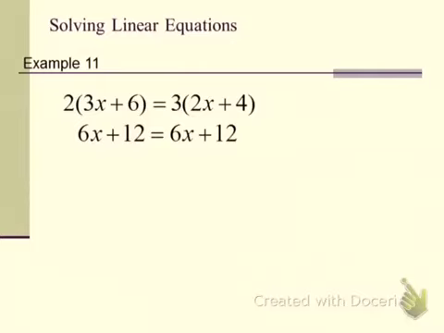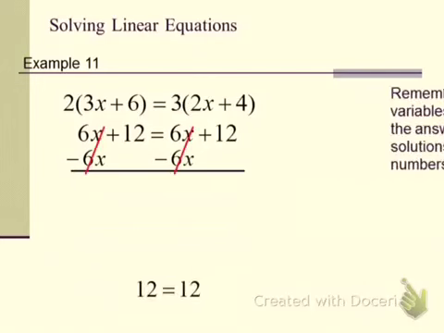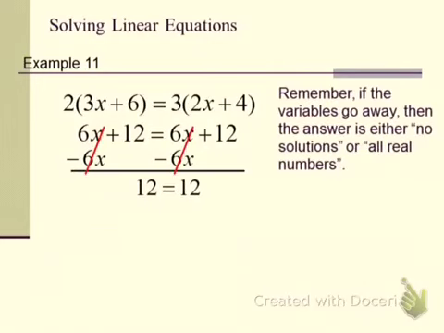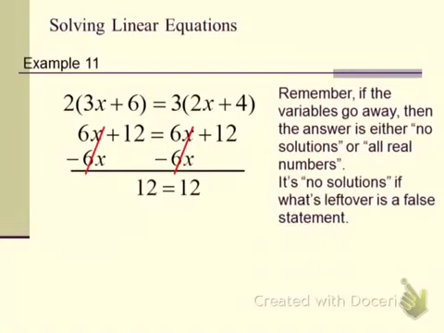If we were looking at this as a system of equations, we would say it was consistent and dependent, meaning it has infinitely many solutions. And what that means in this case is anything we put into this equation is going to result in a true statement, and our solution is all real numbers because those two linear expressions are identical to each other. 12 equals 12 is what you get when you subtract 6x from both sides.